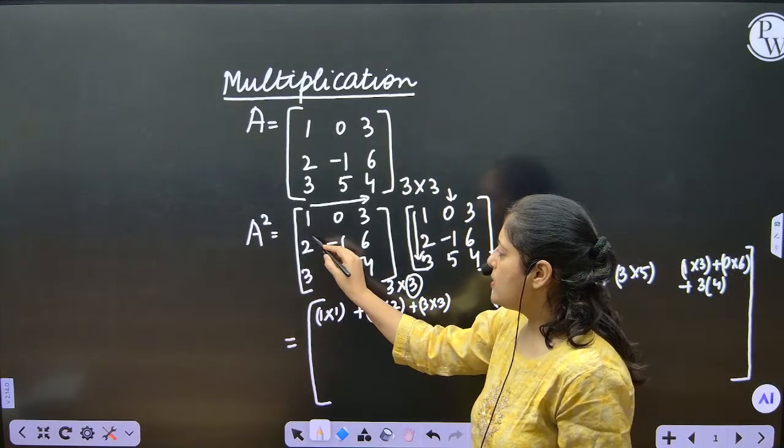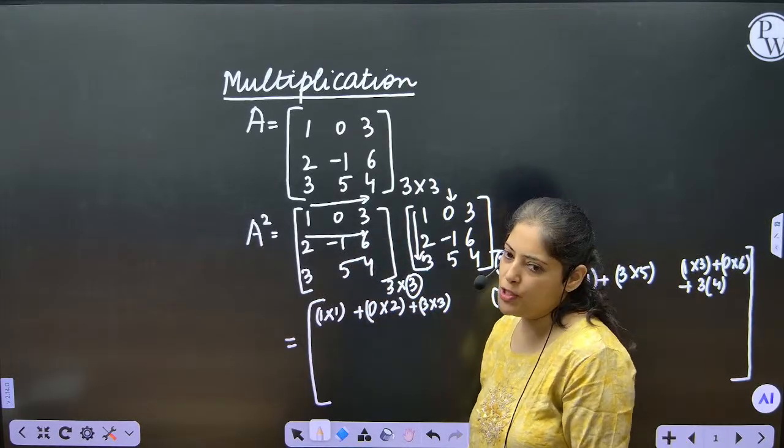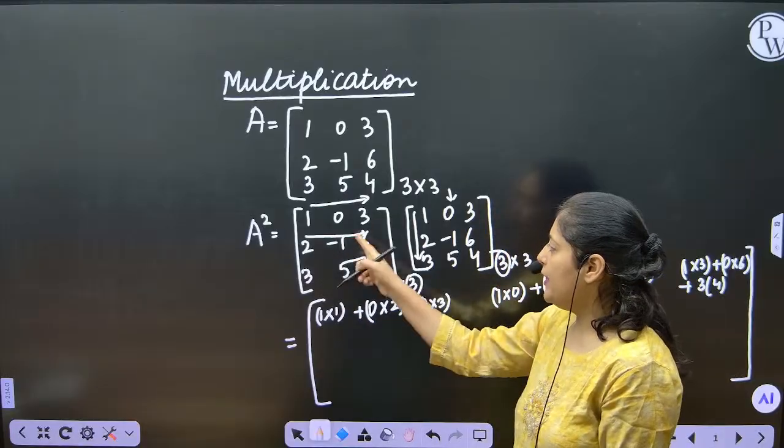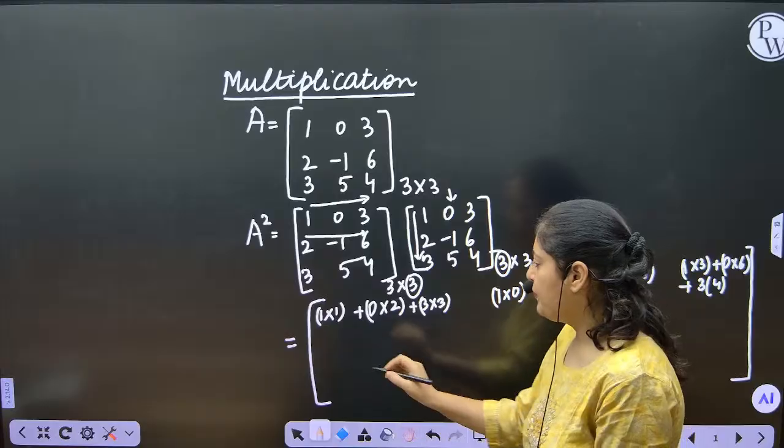Similarly, now for the second row, we will deal with all the elements of the second row: second row with first column, second row with second column, second row with third column.